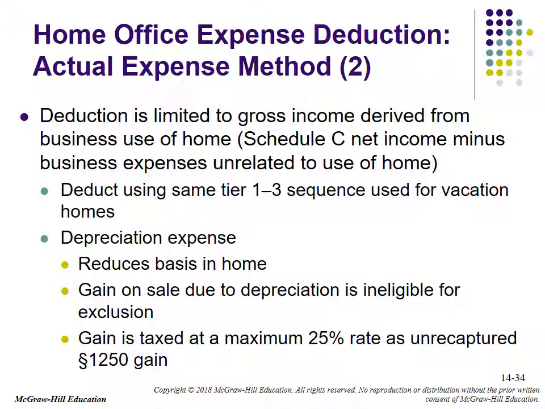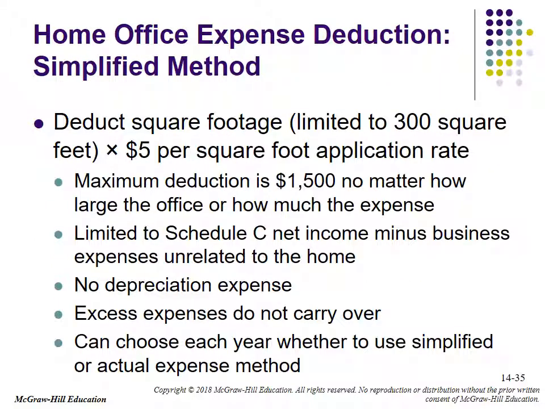And I already mentioned it. The simplified method, we love this. If your office is less than 300 square feet of the use of your home, just take 300 square feet times $5 and you get a $1,500 maximum deduction. Well, I shouldn't say that. If you only use 100 square feet of your home, then it's 100 times $5. You don't get to take depreciation expense.